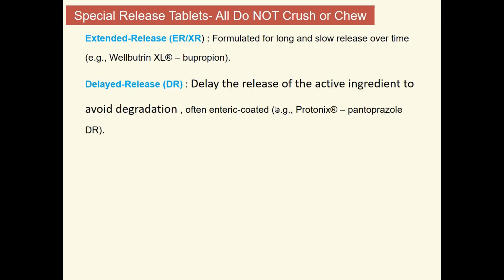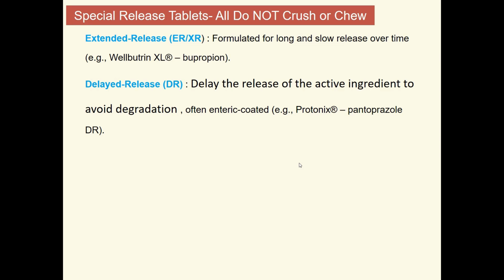Delayed release, as the name tells you, delays the release of the active ingredient, either to avoid degradation in the stomach acid or to release at one specific site of the gastrointestinal tract.